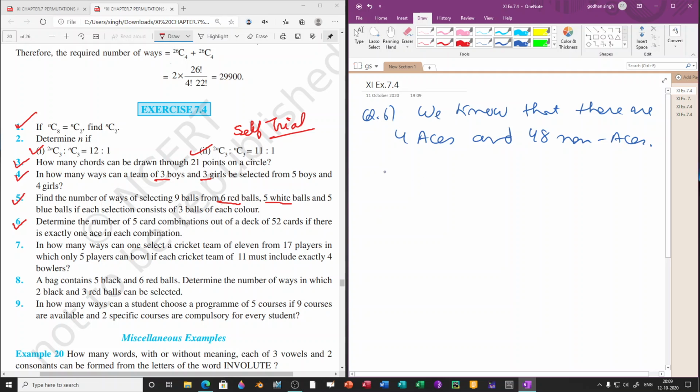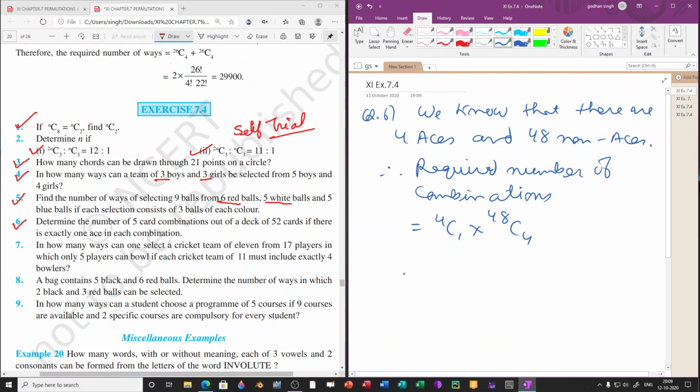So very simple. Therefore, the required number of combinations is equal to, out of 4 we select any one, 4C1 into 48C4. Why?